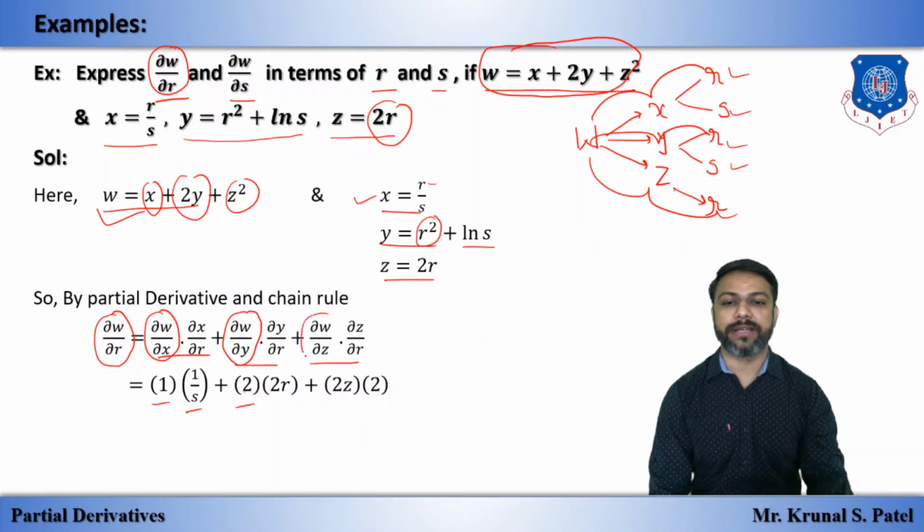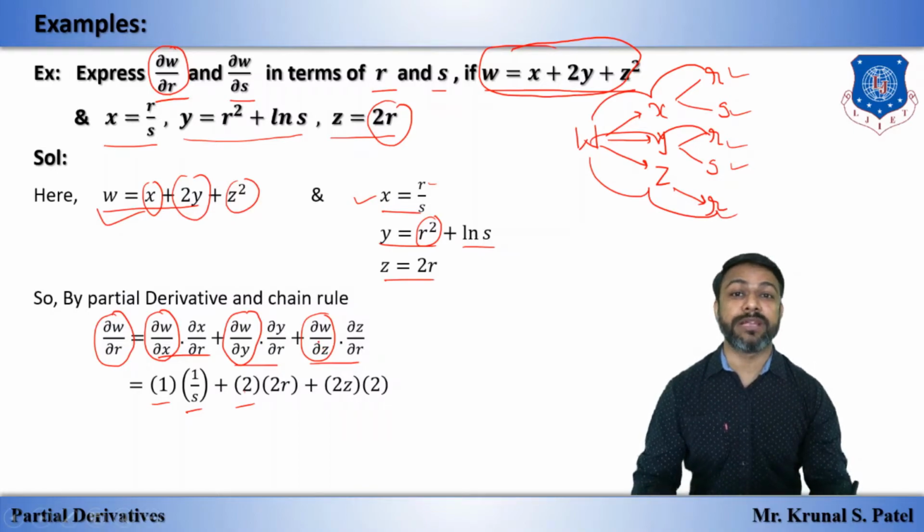Same way for del w by del z, as we discussed in the previous lecture. I have given many examples for practice. If you did that practice, then these are so easy for you, and if you did not practice, then you know where the problem is. So again I am telling you, do practice regularly.